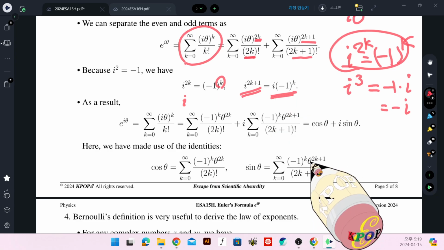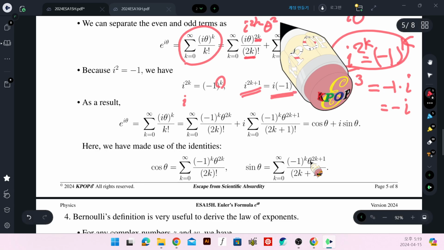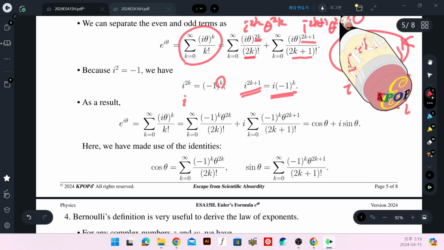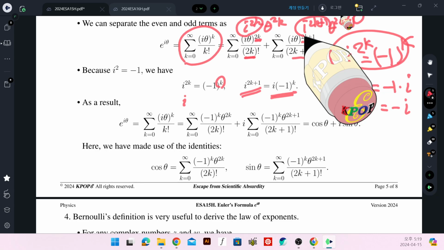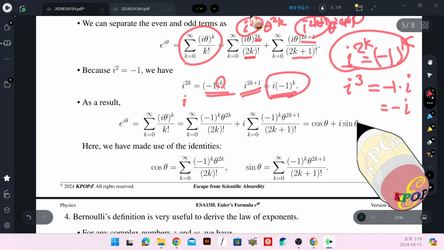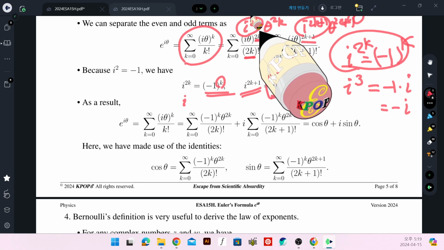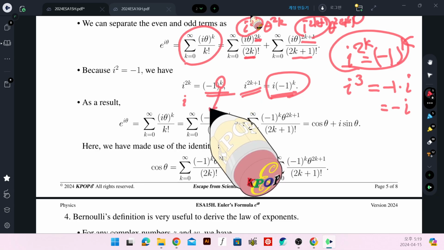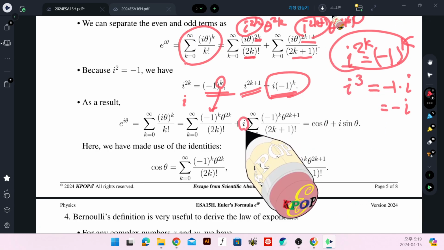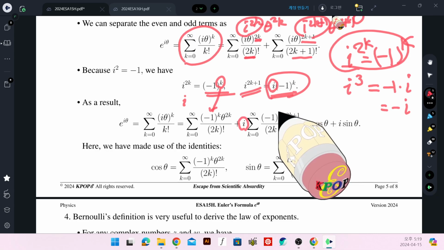As a result, I can replace this i to the 2k, theta to the 2k, and i to the 2k plus 1, theta to the 2k plus 1. Why don't we replace this one with this? We find these even powers are all real numbers, and they are replaced with this. Odd powers are all pure imaginary numbers because we have a single i as a factor.